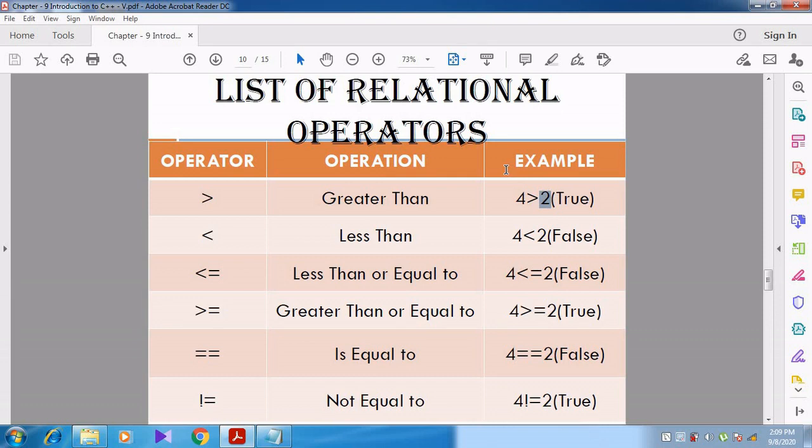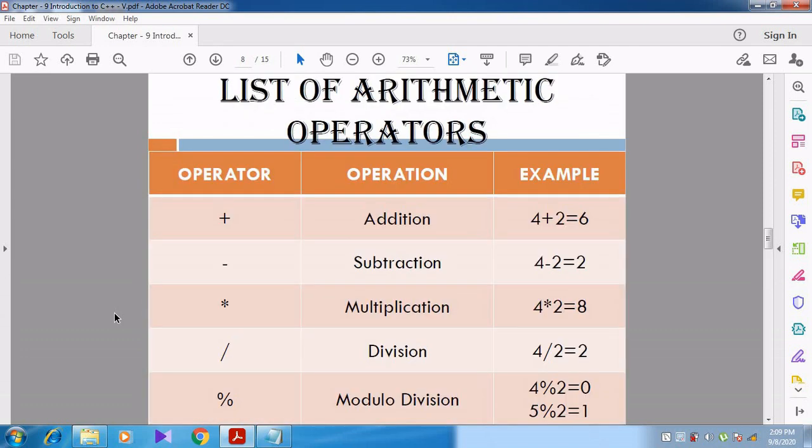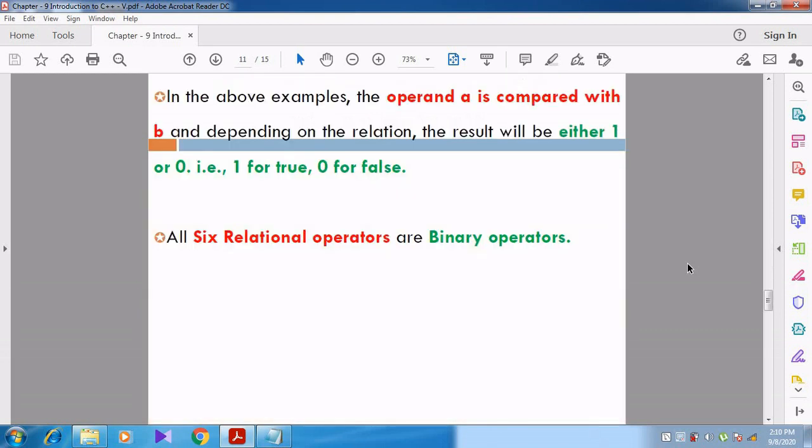See 4 plus 2: how many operands? 2 operands. So arithmetic and relational operators are binary operators because they have two operands: a plus b, a minus b, a less than b, a greater than b. One is a and the other is b.